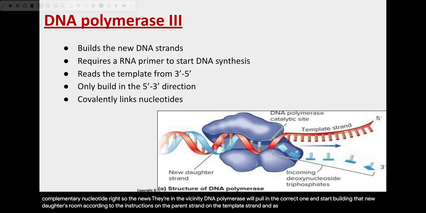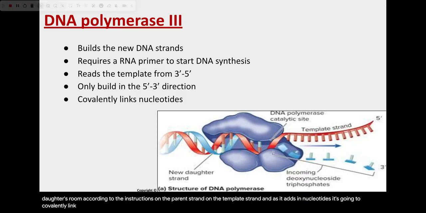And as it adds in nucleotides, it's going to covalently link them together. And remember, a covalent bond between nucleotides is called a phosphodiester bond. So it's building those phosphodiester bonds, keeping those nucleotides together as it's polymerizing our new molecule. Right? It's building the polymer. It's taking in those monomers and building that polymer.